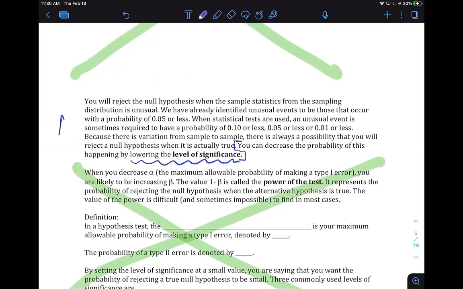The smaller the level of significance, the more likely you're not going to have an error. Level of significance is represented by alpha.